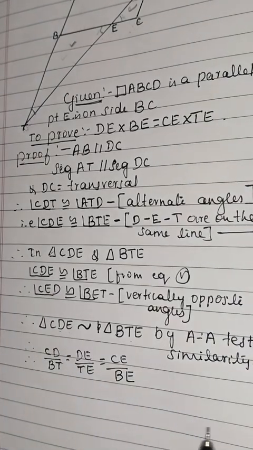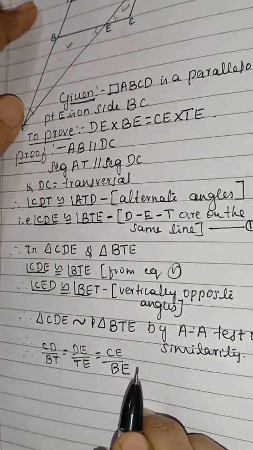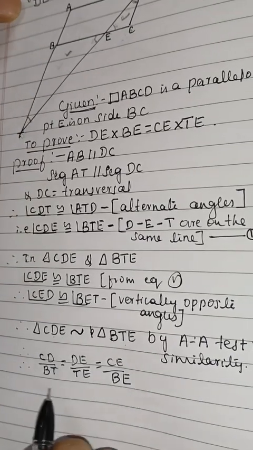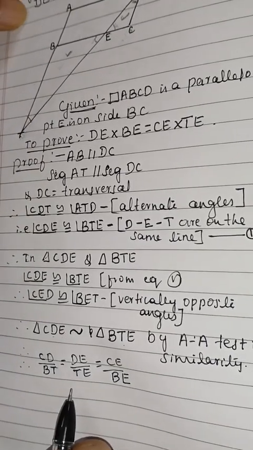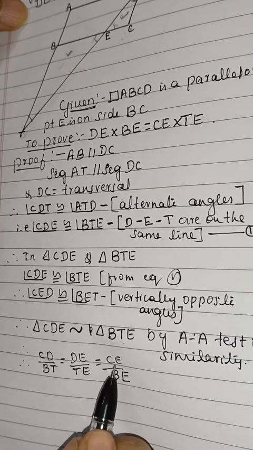Okay, what we have to prove: DE into BE, CE.